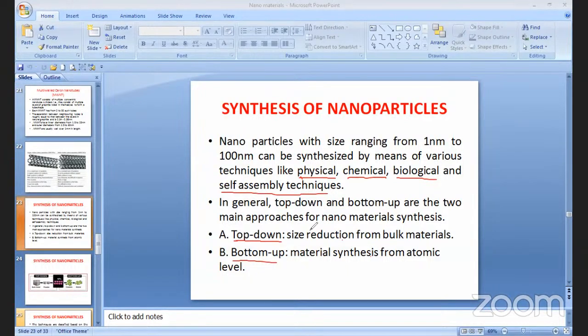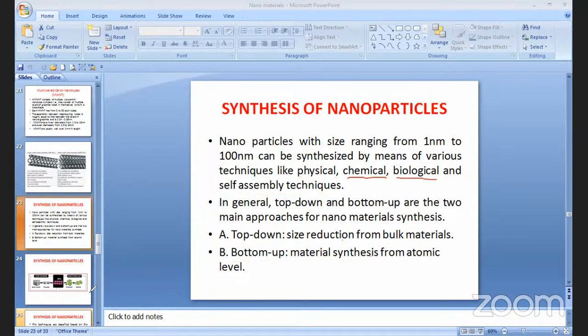In the top-down case, we take bulk materials and make small nanomaterials from them.